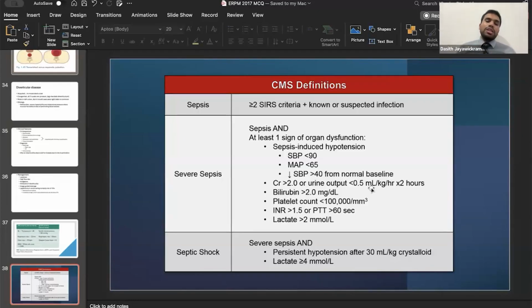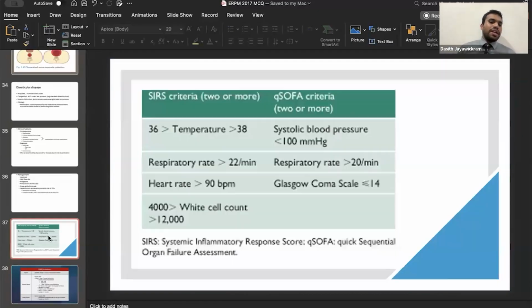Okay, let's have a look at this MCQ now. Pulse rate 100, BP 90/60, WBC 15,500. So this patient has two features of SIRS. What is that? Pulse rate more than 100 and WBC more than 12,000.